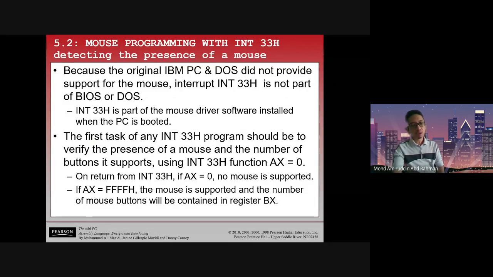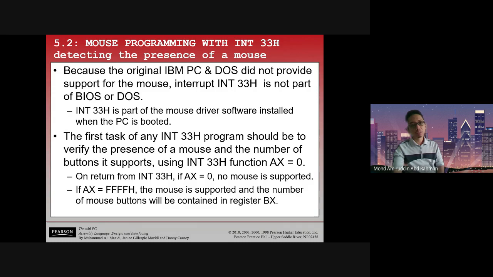On return from interrupt 33, if AX 0, no mouse is supported. If AX equals to FF, the mouse is supported and the number of mouse buttons will be contained in register BX. So dia akan simpan dekat register BX.